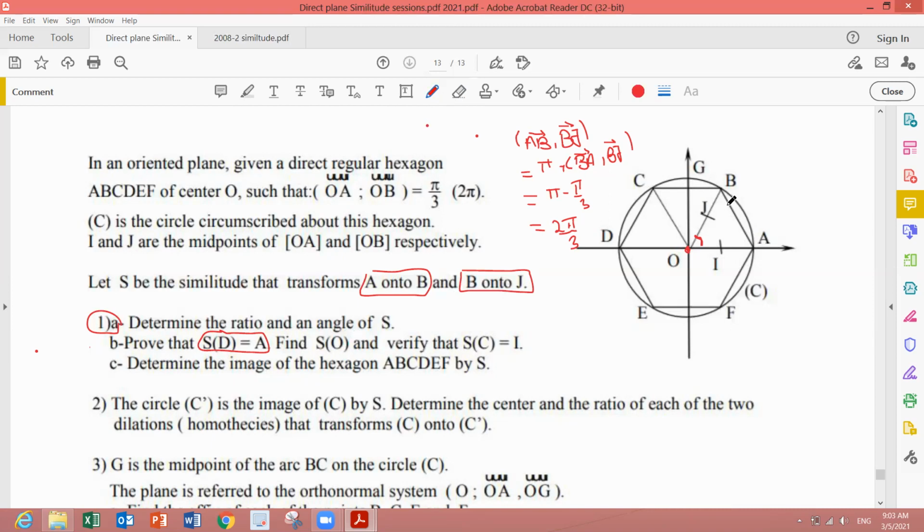O is the midpoint of what here? AD. So S of O is the midpoint of S of AD. S of AD means A onto B with D onto A. So S of O is the midpoint of AB.